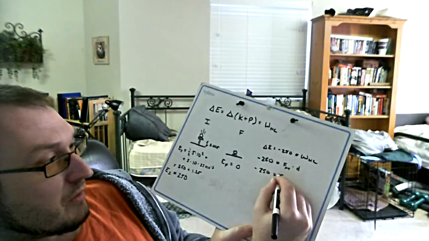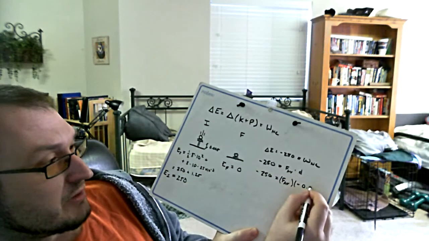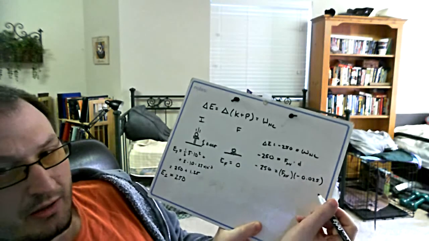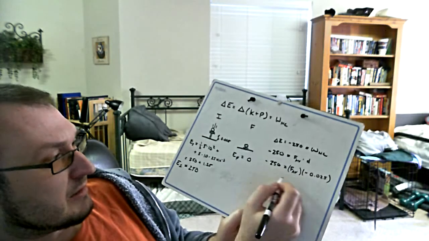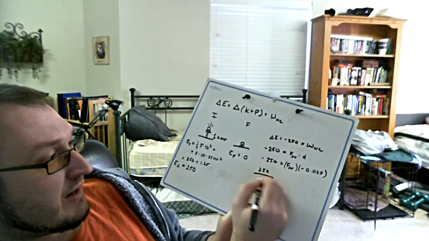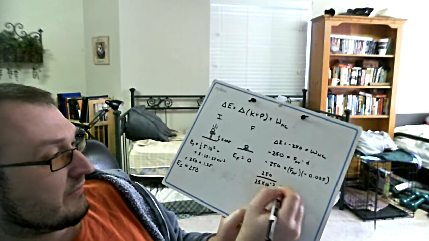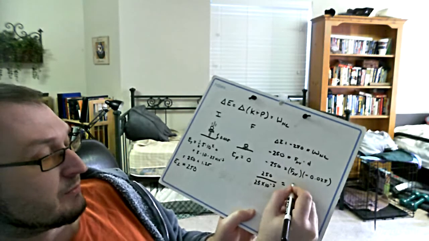I'm going to call that a negative 0.025 meters, and then my negative signs will be gone. Makes sense to me that way. And so basically the negatives drop out. I get 250 divided by 25 times 10 to the negative 3, and certainly be careful with your decimal points in this problem.